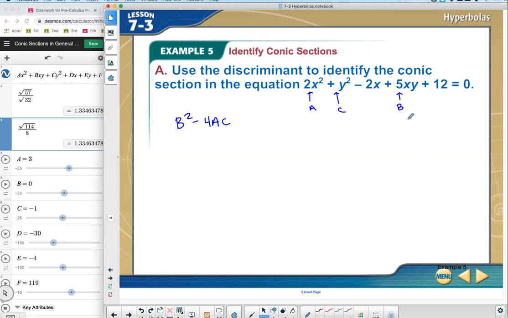So the algebra here would be 5 squared minus 4 times 2 times 1. So 5 squared is 25 minus 4 times 2 times 1 is 8. That is 17. 17 is greater than 0. If your value is greater than 0, it's a hyperbola.